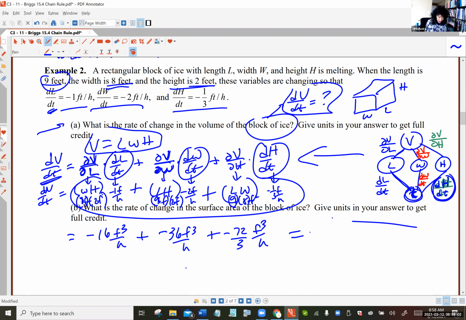And then you add all that together, and I get -76 feet cubed per hour. So this is the rate of change of volume with respect to time. So the block of ice is shrinking, the volume is shrinking -76 feet cubed per hour. And we're done.